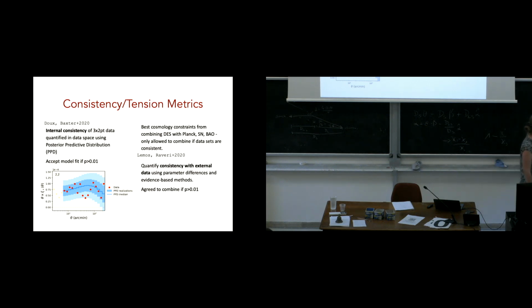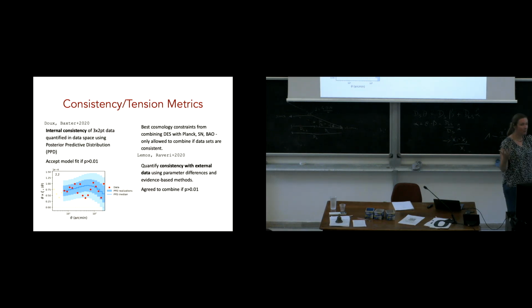So for example, we could look at cosmic shear compared to the prediction for the shear measurement conditioned on galaxy clustering and galaxy-galaxy lensing. And we agreed to accept the model fit if it corresponds to a p-value of larger than 0.01. That's obviously not a fantastic fit, but the threshold we set for ourselves.